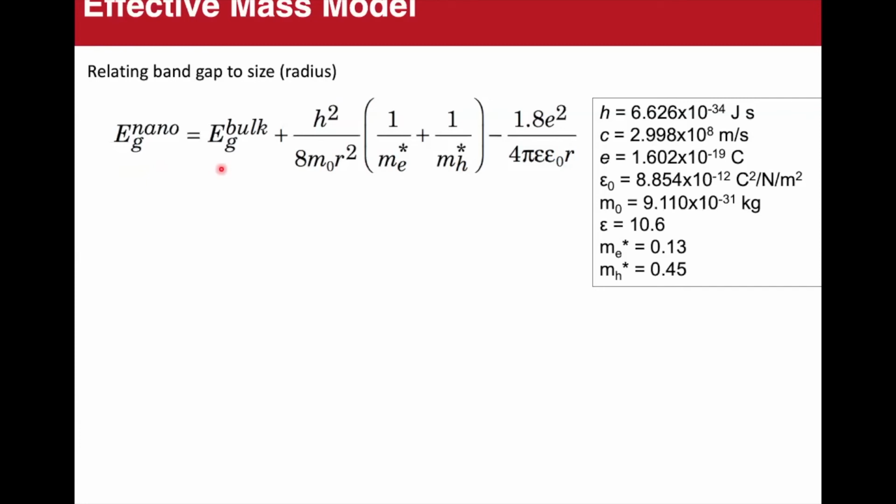We take into account the increased energy due to confinement of the electron-hole pair and the decreased energy due to Coulomb attraction between the electron and the hole. We must also take into account the mass of the electron and hole, as well as the permittivity of free space and epsilon, which is the dielectric constant for bulk cadmium selenide.